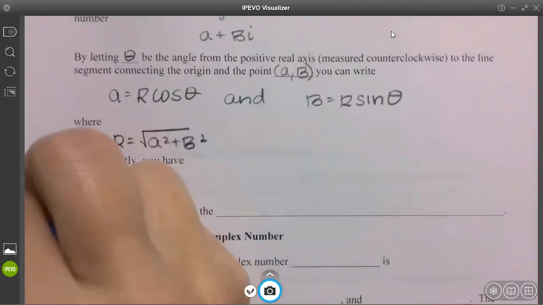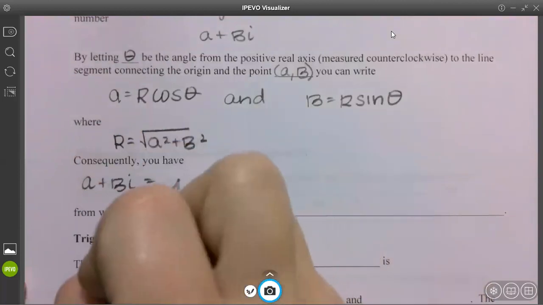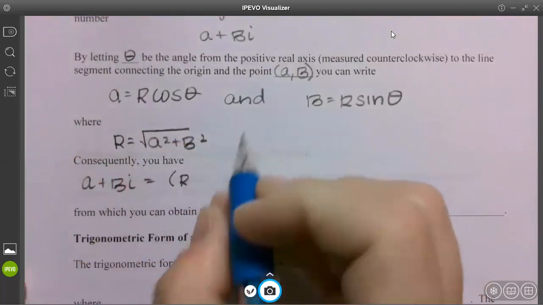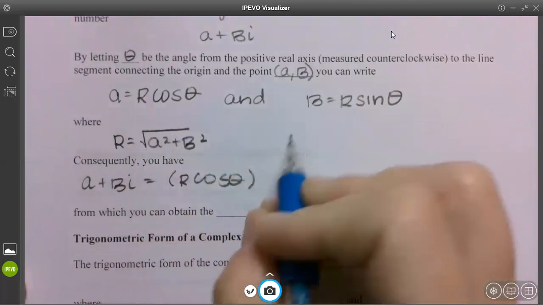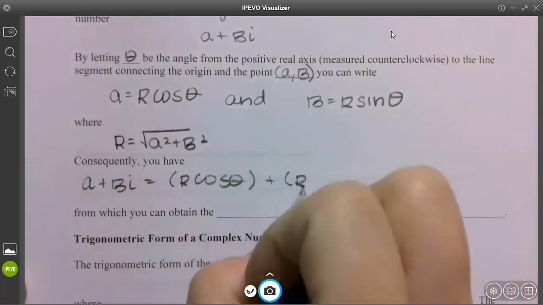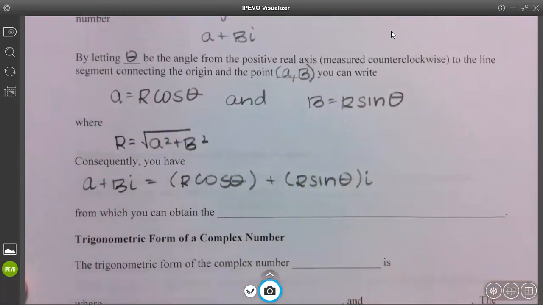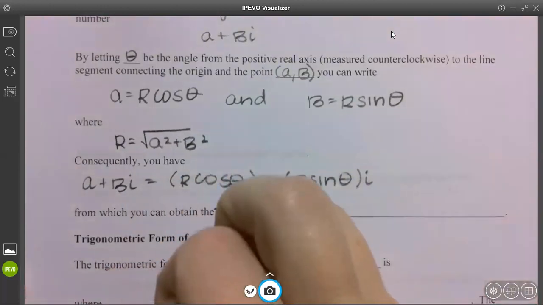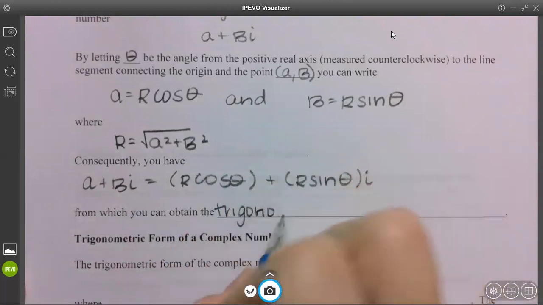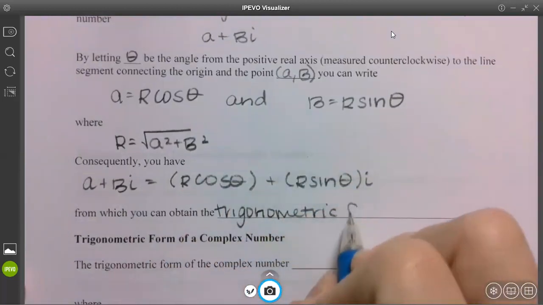Consequently, you have a plus bi equals r cosine theta plus r sine theta i, from which you can obtain the trigonometric form of a complex number.